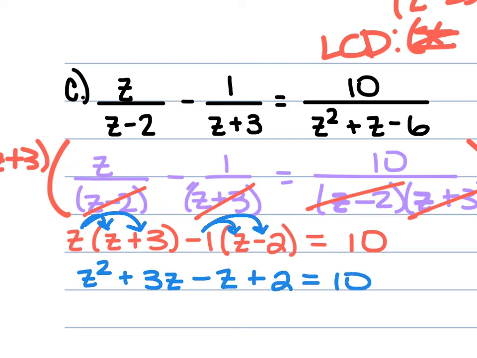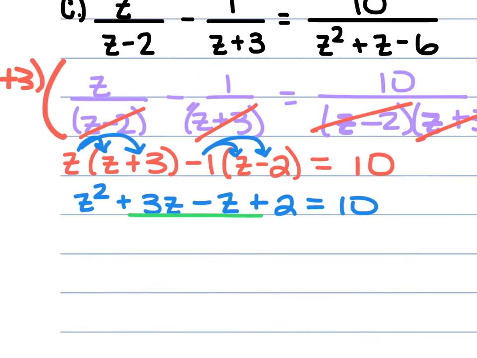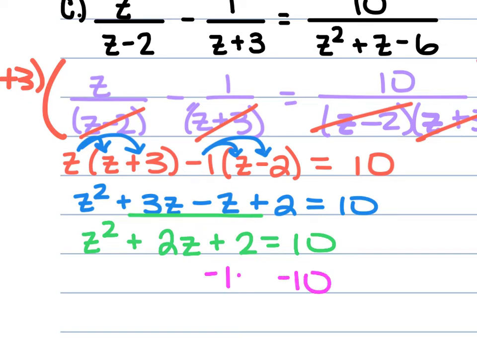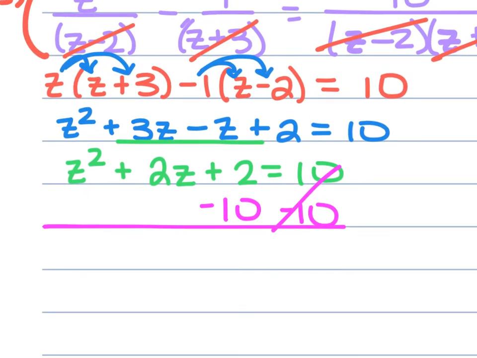So now combine like terms. The 3z minus z is 2z, so it's z squared plus 2z plus 2 is equal to 10. We're going to move that 10 over by subtracting it from both sides to get z squared plus 2z minus 8 is equal to 0.